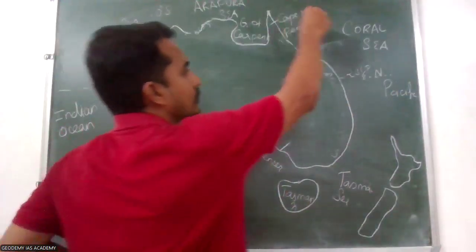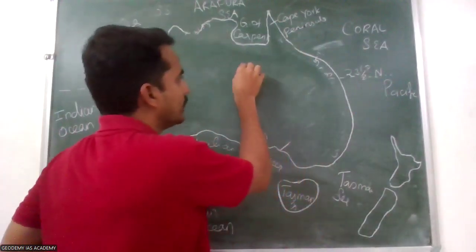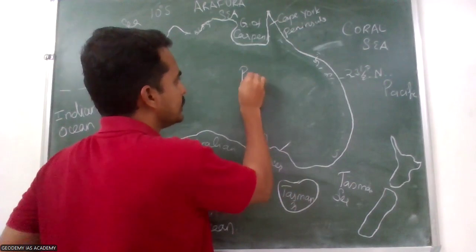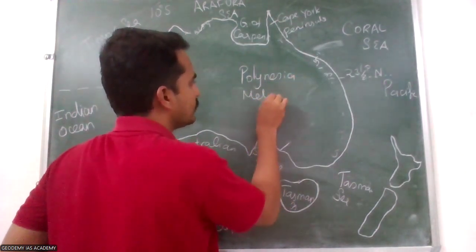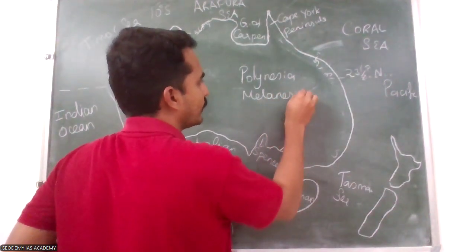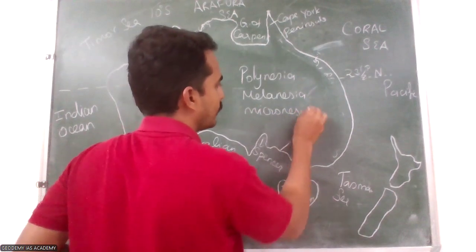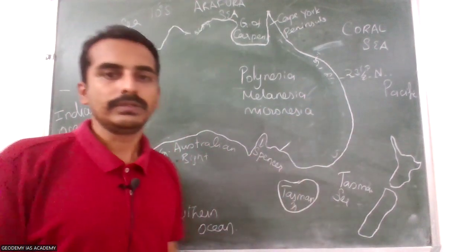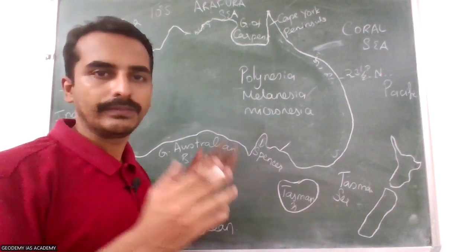The islands are classified into three: Polynesia, Melanesia, and Micronesia. Actually, these were named for a reason. Polynesia is islands of large area, many islands.